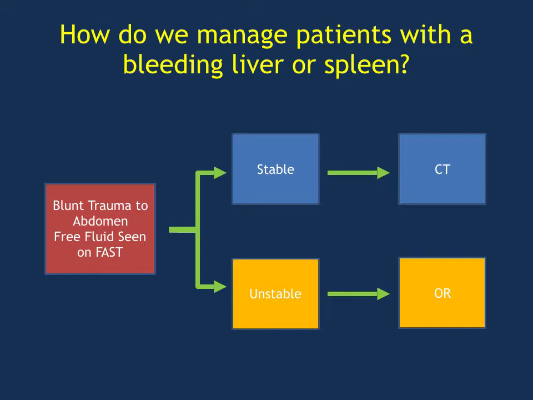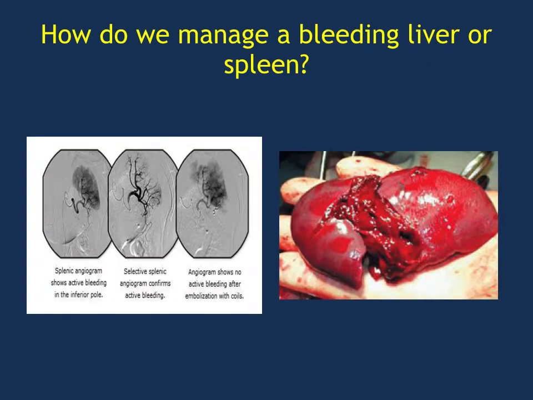From the spleen and the liver, presumably, most likely. Right. And then the CT scan also helps you because some of these injuries can be managed without an operation. Isn't that correct? Right. So you don't necessarily have to operate on every bleeding liver or spleen. In fact, a lot of these injuries can be managed non-operatively, and sometimes the bleeding will stop on its own.